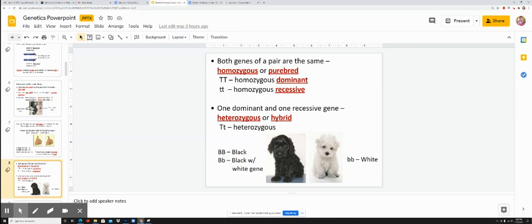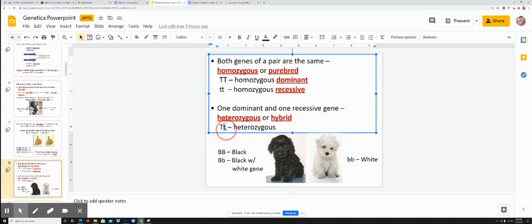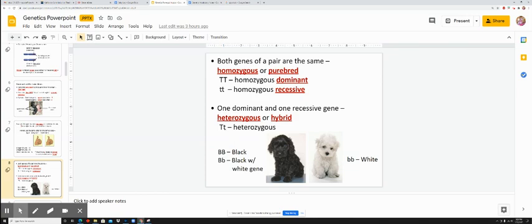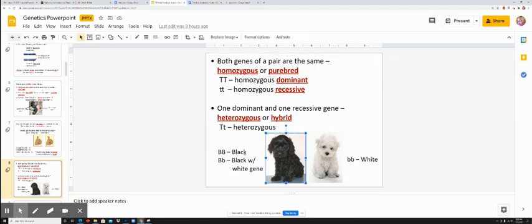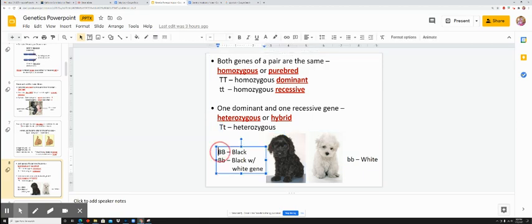Heterozygous, or hybrid, is when we have two different genes. We have both the dominant and the recessive, and most of the time in the examples in the beginning of this unit, if it has the dominant gene, it will show the dominant trait. So right here we have a black dog. It could be homozygous dominant, and since black is dominant, it's black, or it could be heterozygous, a dominant gene for blackness, and then it is going to be black.